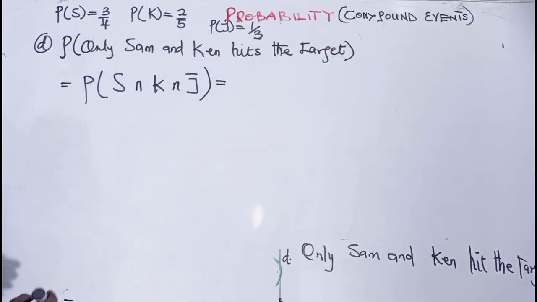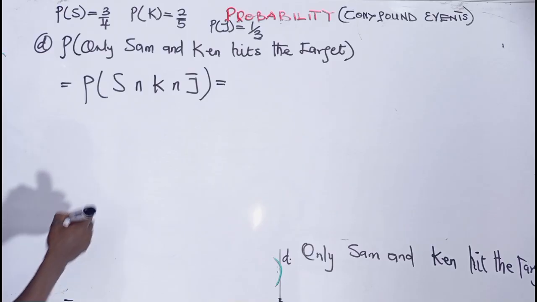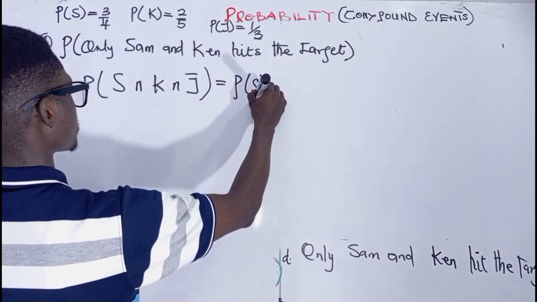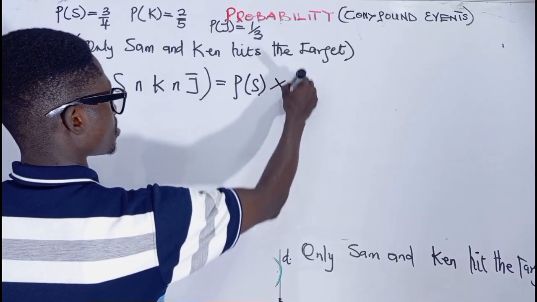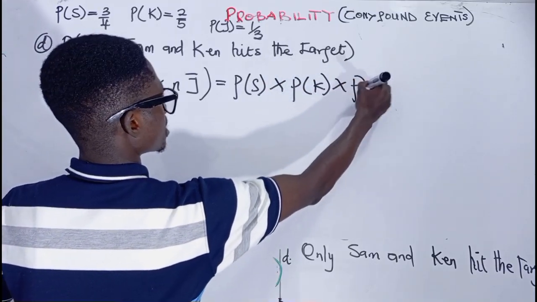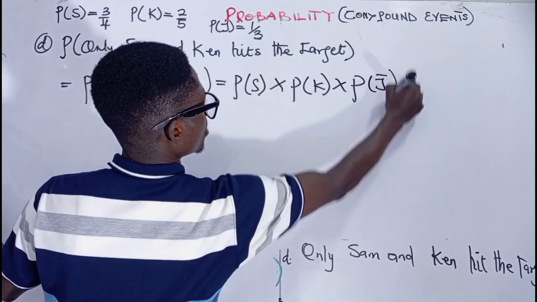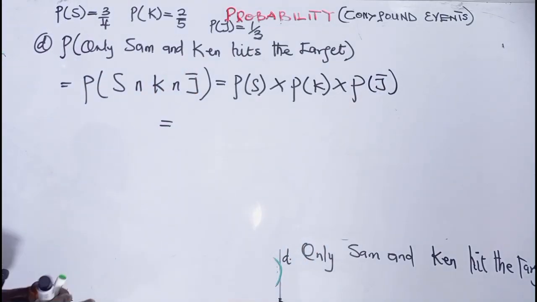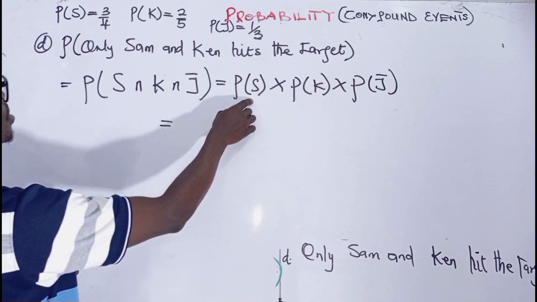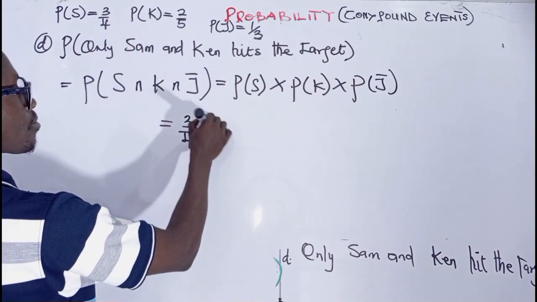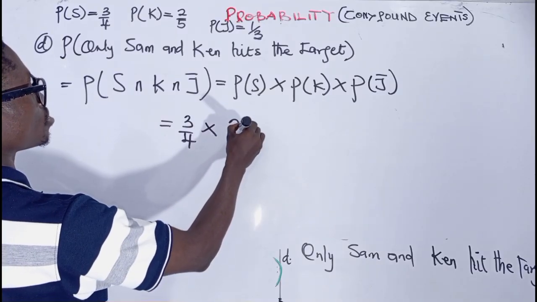Since we are having the intersection, it corresponds to the multiplication law. We can write it as probability that S hit the target multiplied by probability that K hit the target multiplied by probability that Jojo missed the target. So once we have this, we substitute in their corresponding probabilities. P of S, we have 3 over 4. P of K, we have 2 over 5.